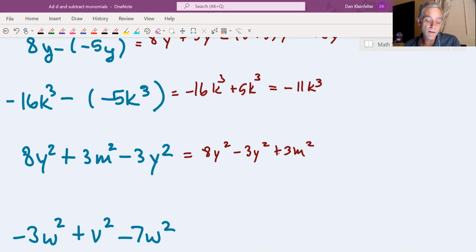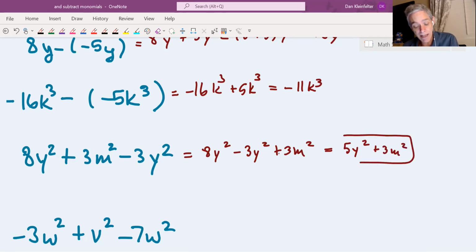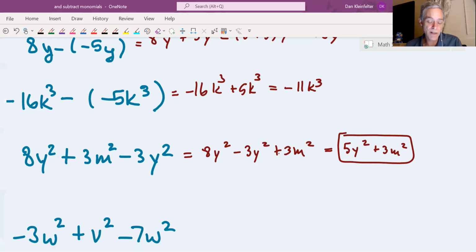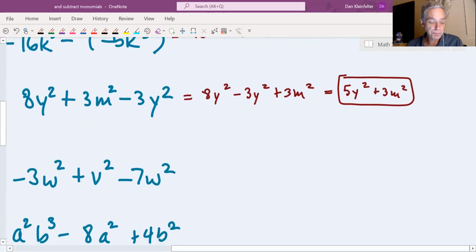Okay, so now the 2 y terms can be combined. 8y squared minus 3y squared is 5y squareds. And then we'll still have plus the 3m squared at the back. And that's it. We can't combine that any further and call it 8 of anything. Okay, so that's just going to be 5y squared plus 3m squared.